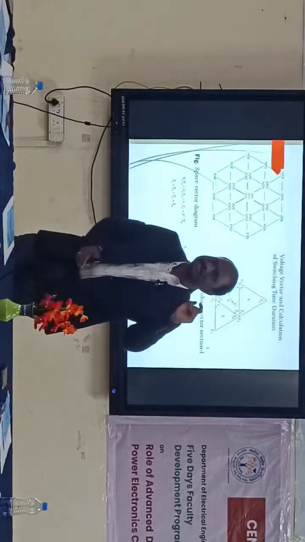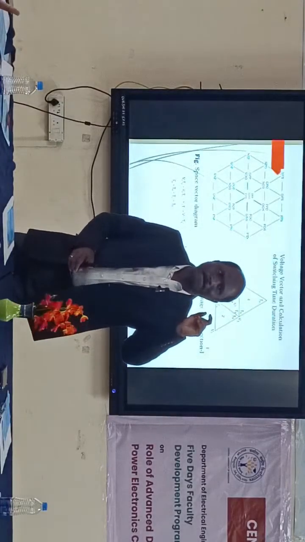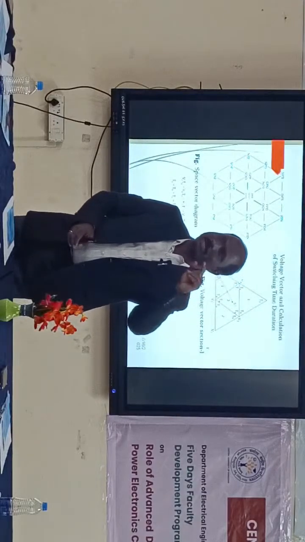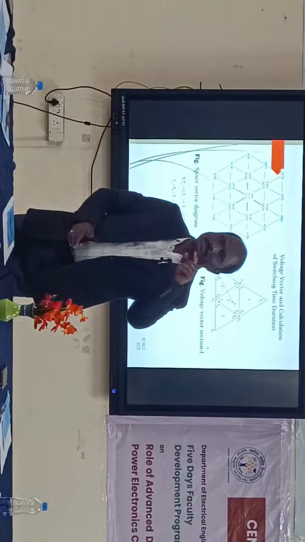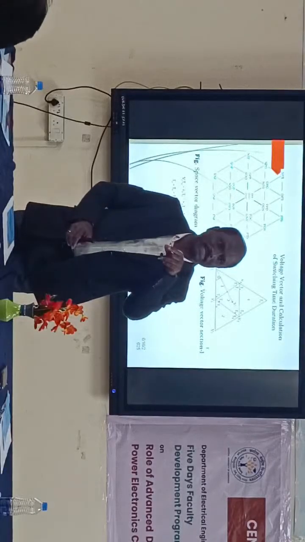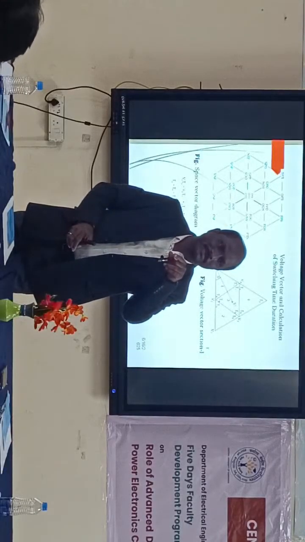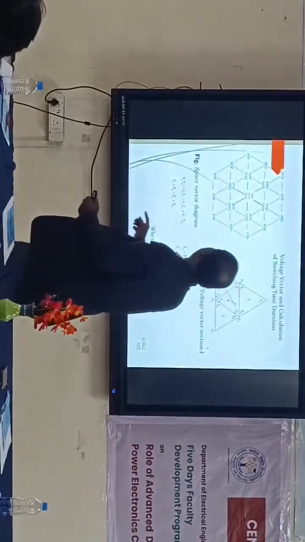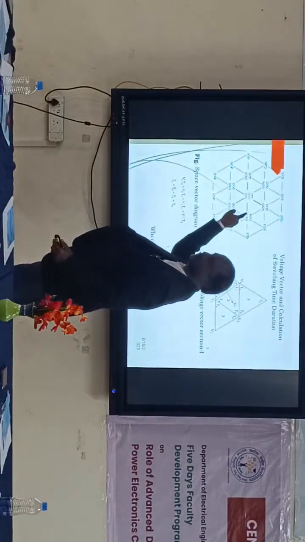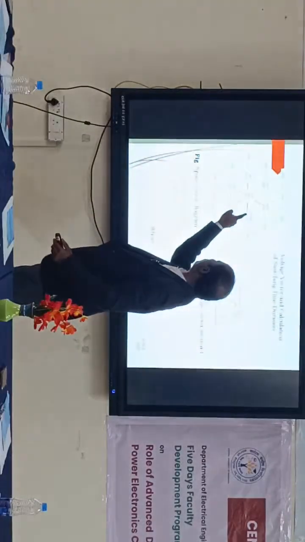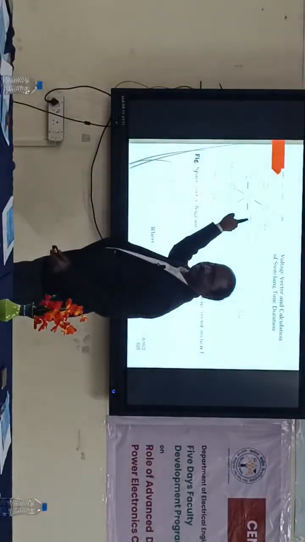What is the reference? Plus VDC by 2 plus 0 plus 0. So plus VDC by 2 at an angle of 0. So what is the vector here? POO is this one. So you are going to have a vector with VDC by 2 for this.